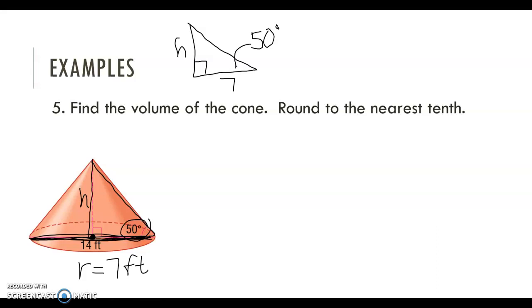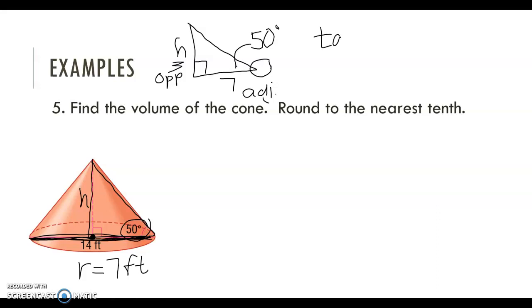So think back to that section on right triangles in order to help us solve for this missing side, which is the height. Okay, so if you think about how we use SOHCAHTOA, this is my angle. I'm given the adjacent side, and I want the opposite side. So opposite and adjacent, the trig function we are going to use is tangent.